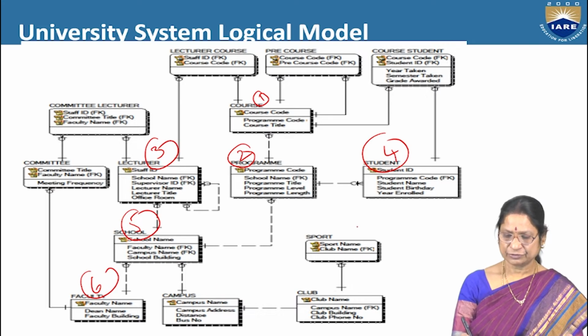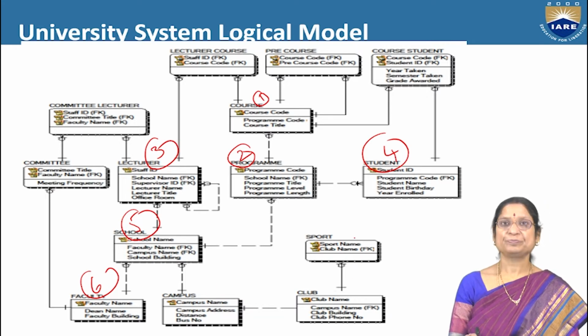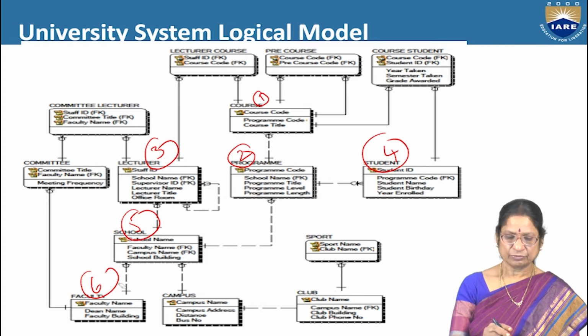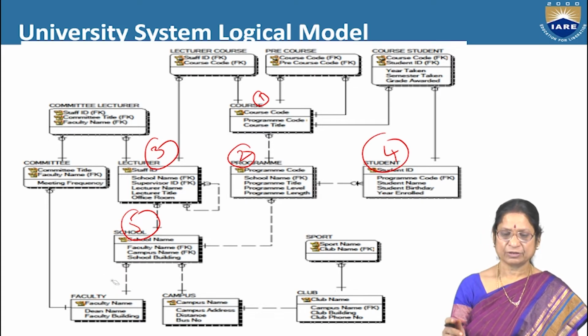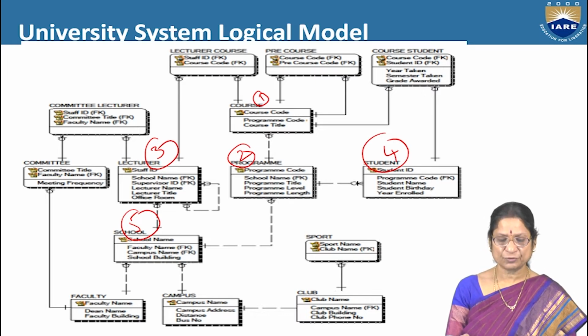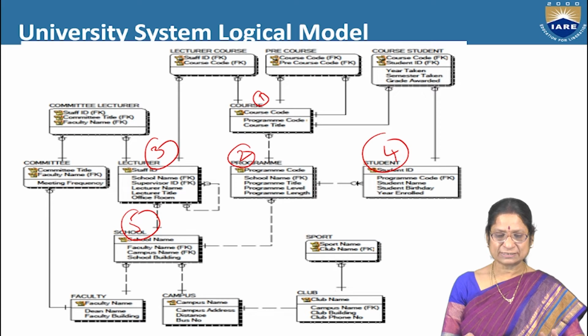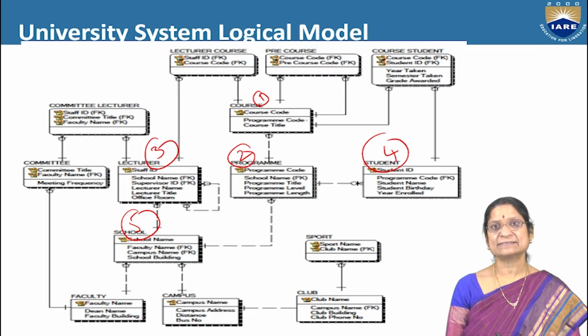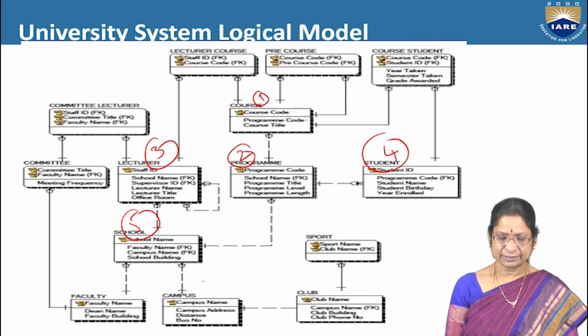Now you observe here, the university consists of, first, some schools. So what are these schools? These schools will have various faculties, and each has various campuses.